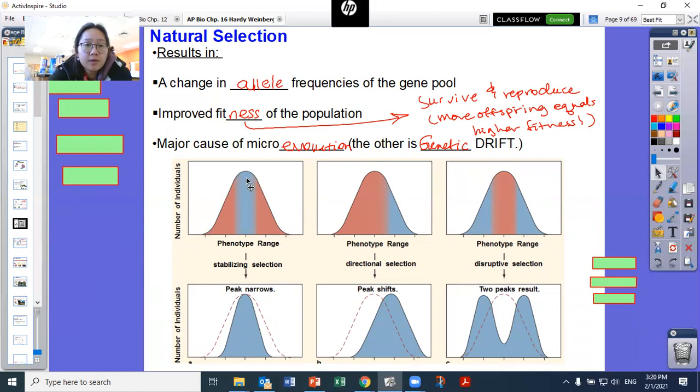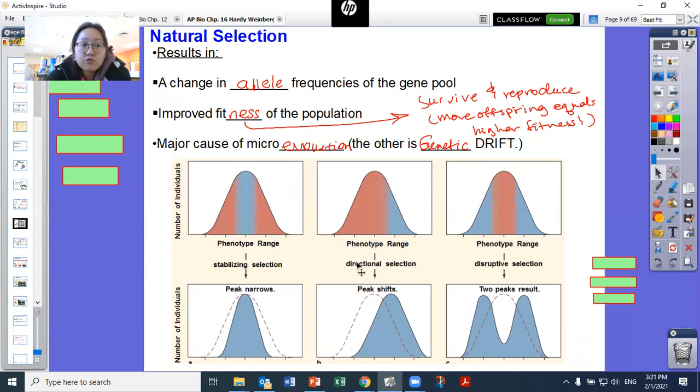If there is a specific selection that stabilizes the population, it's going to select for that medium phenotype or the medium presenting characteristic, then it's going to cause that peak to narrow, because more often than not, the ones that have that medium characteristic survive better, and therefore they pass on their genes, and the population is going to become more composed of a higher ratio of the medium phenotype.